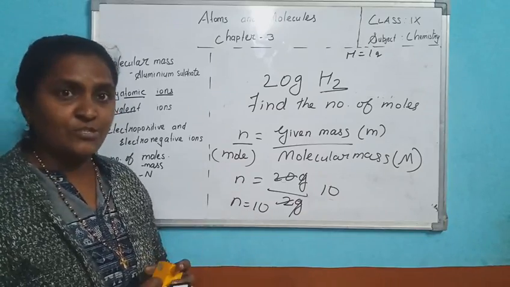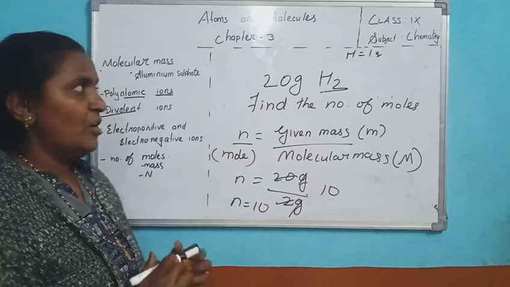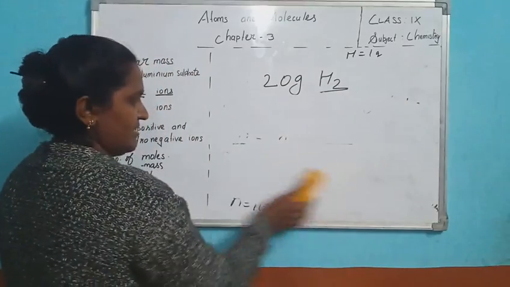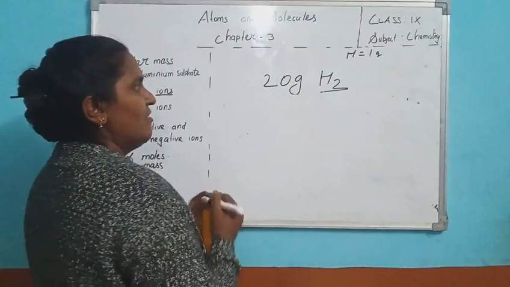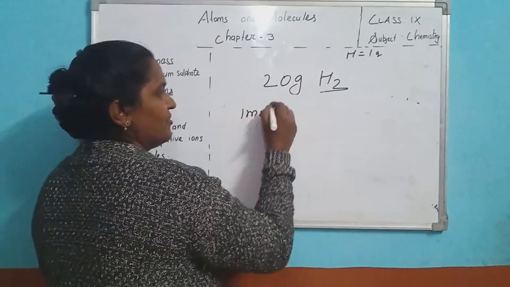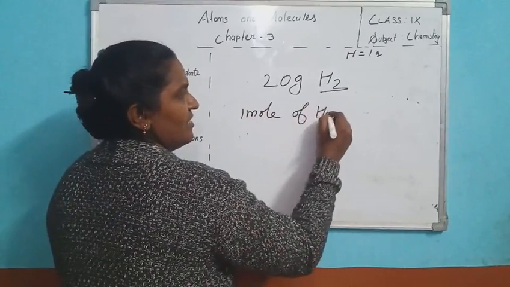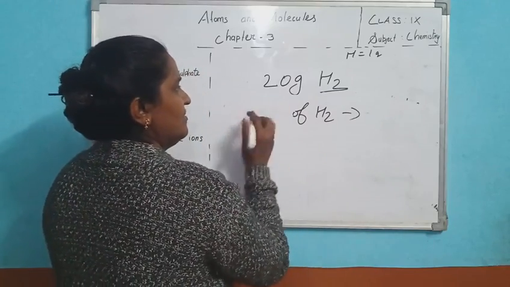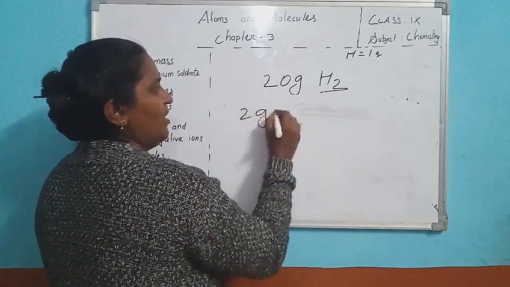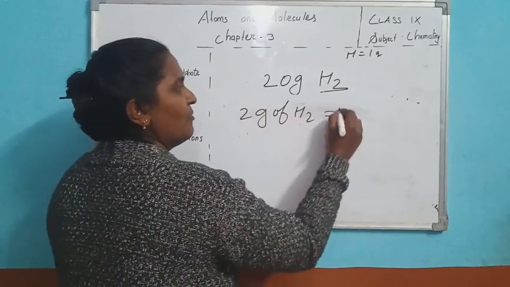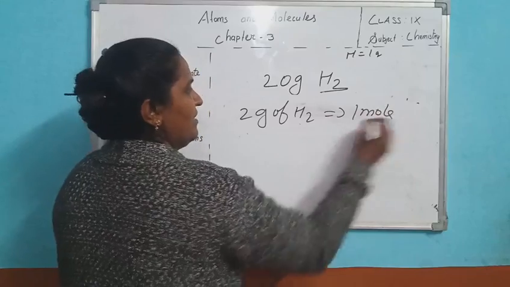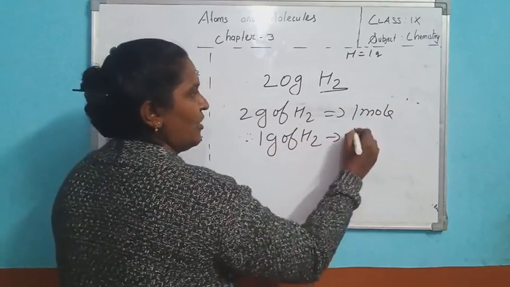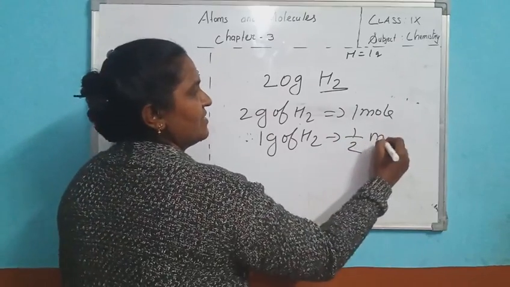And the unitary method also you can do. This was formula based. How do you do the unitary method? 1 mole of hydrogen equals, the hydrogen molecule is how many gram? 2 gram of hydrogen equals how many mole? 1 mole. Therefore, 1 gram of hydrogen molecule equals 1 by 2 mole.